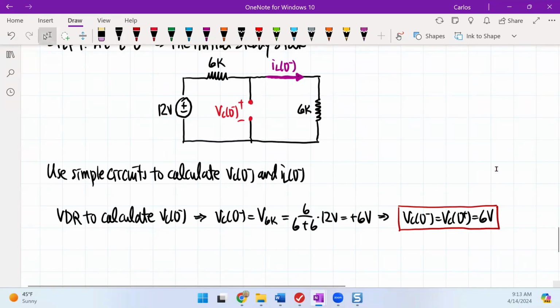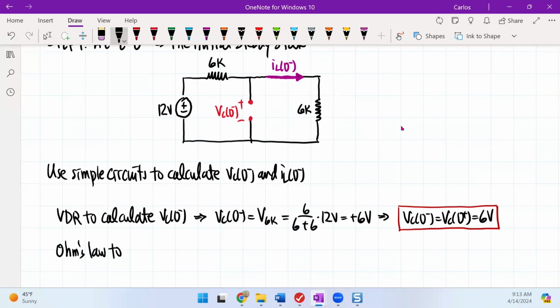Now that I know the current of the inductor is the same as the current going through the 6K resistor, I could just apply Ohm's law to calculate IL of 0 minus.